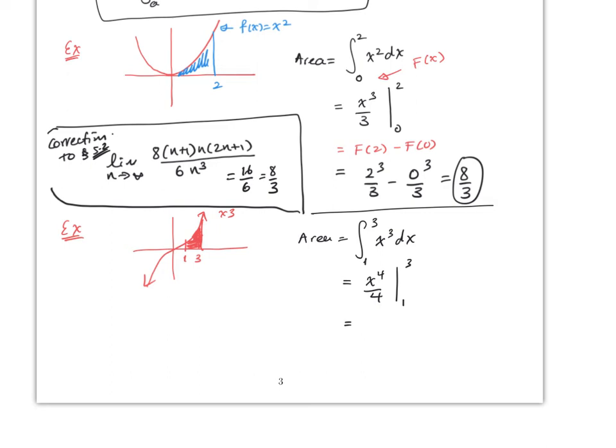So this will be 3 to the 4 over 4 minus 1 to the 4 over 4, which is 81 over 4 minus 1 over 4, or 80 over 4, or 20, which is a pretty nice number. Notice that this only took like 5 steps. If you do this with limits using the other method, it will take you like 25 minutes. But if you have time, you should definitely try.